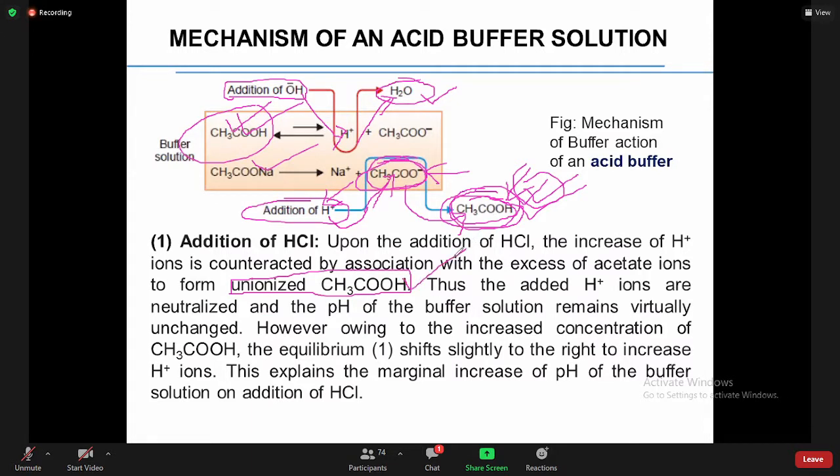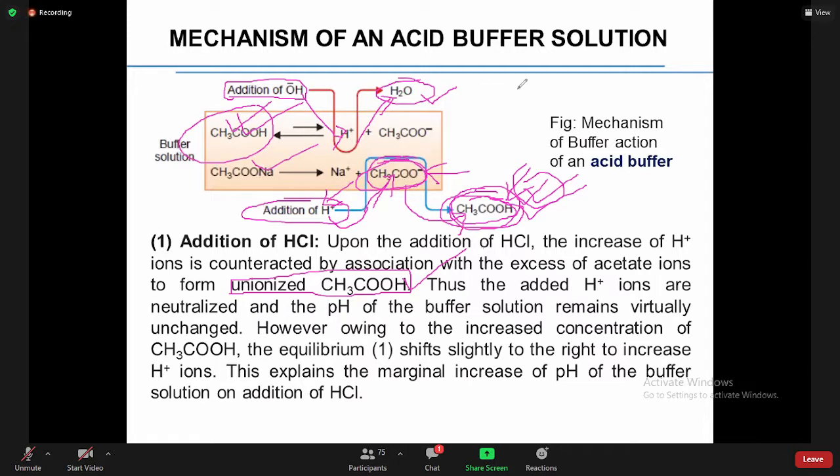If it is unionized, it cannot show its acidic property. If it cannot show its acidic property, it will not donate hydrogen ion, and that's how the pH will not be increased.